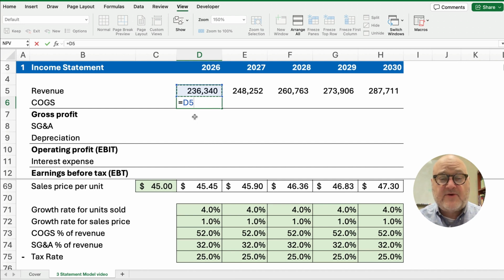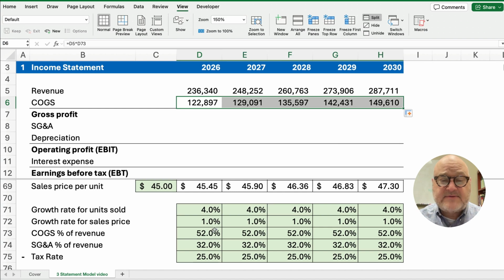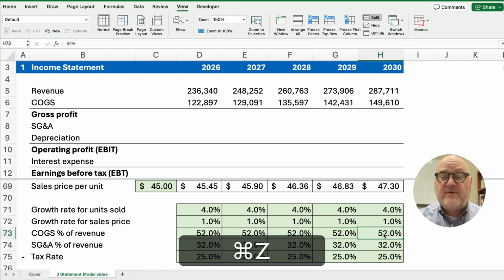So we'll take the $236,000 times the 52%, and it doesn't have to be the same 52% every year, but in my model, I just made it really simple. I typed in 52% 5 times. But in your model, it could be 48% one year and 50% one year. And so you see over time, you're getting better and it's becoming cheaper as cost of revenue. All right, so I'm going to go back and put 52, 52.